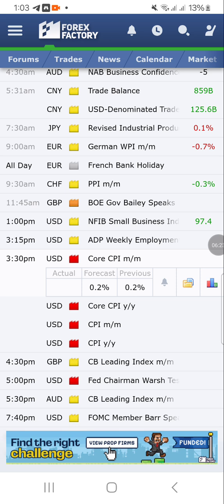Why? Because that's how it always wants to deal with inflation. Scenario 2. If the actual number comes out lower, we're talking about coming out negative 0.1, negative 0.05, or anything negative, it means the prices of goods and services are lower this month compared to the previous month of May.